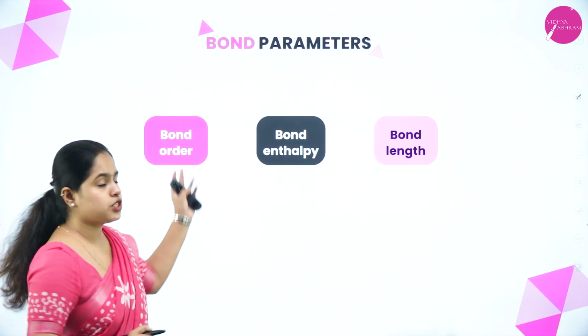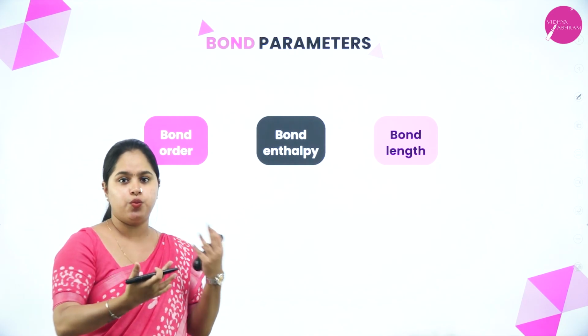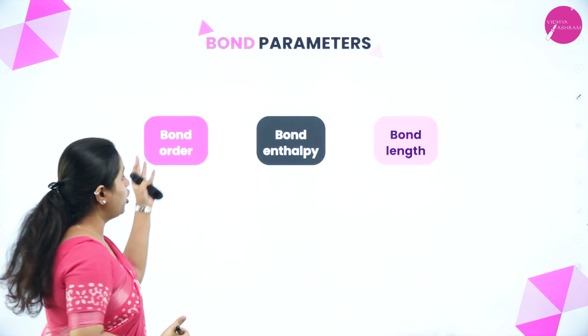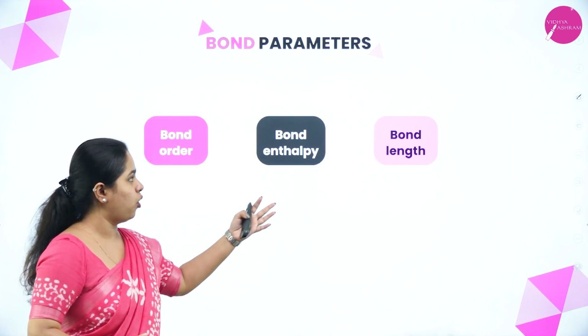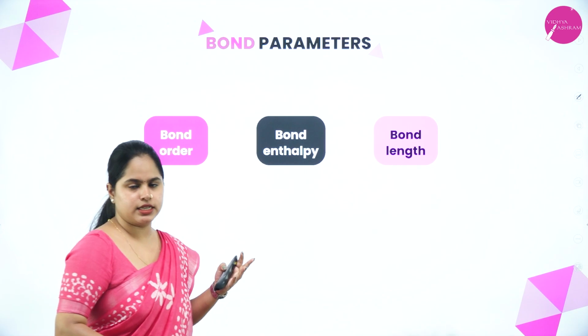Right. Now let's all together see how these three will change with each other. If bond order is increasing, what happens to the bond enthalpy? Let us summarize this. We have already studied this, right?